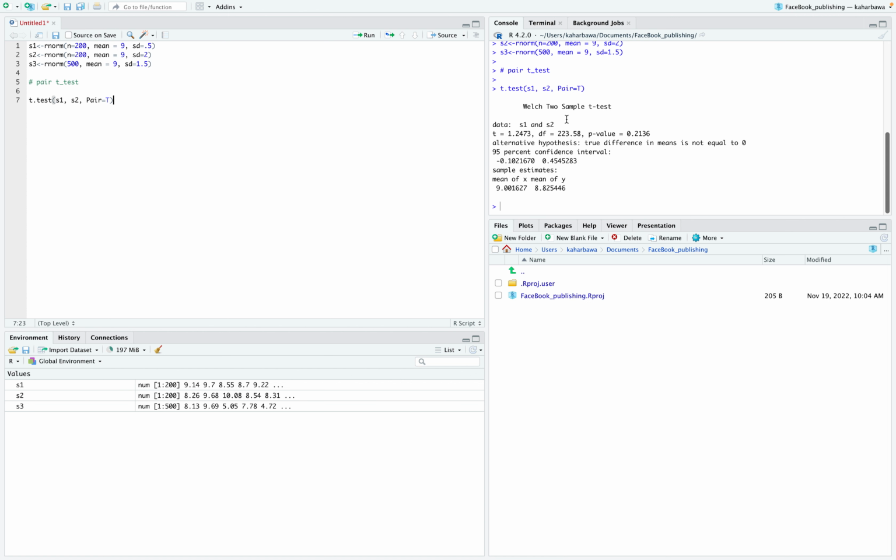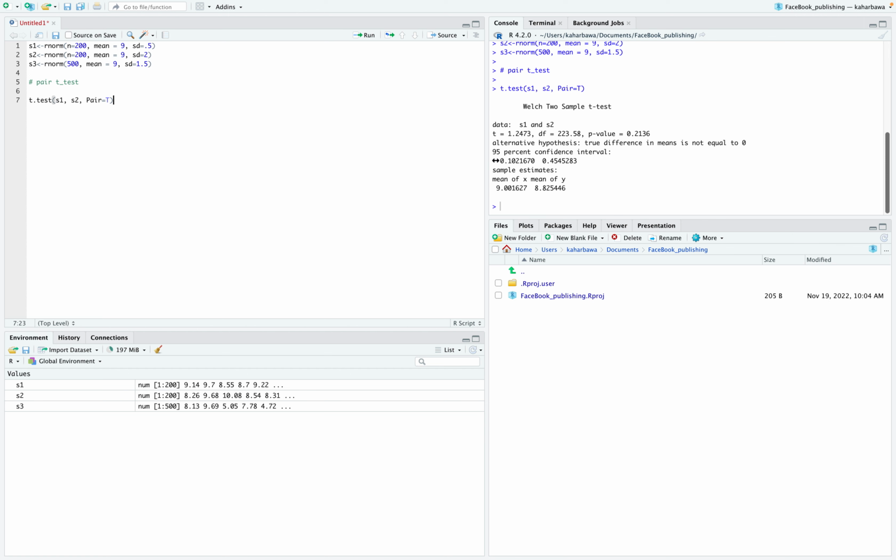So here you see two sample t-tests. Here we have our p-value, which is 0.2. The alternative is the difference in mean is not equal to 0. That's what I was saying. Clearly, when you look at the p-value here, p is greater than 0.05. It's not significant, meaning that the difference in mean is not significant, which means the two samples are the same. So S1, S2, they are the same, right? And when you come down, you look at the 95% confidence interval.